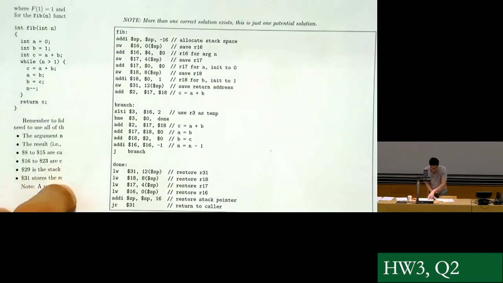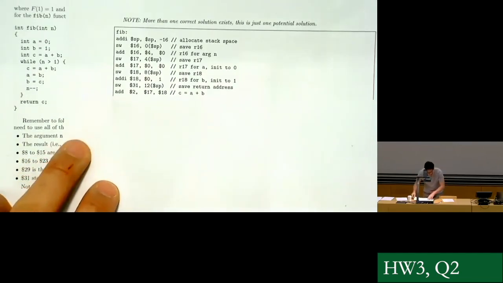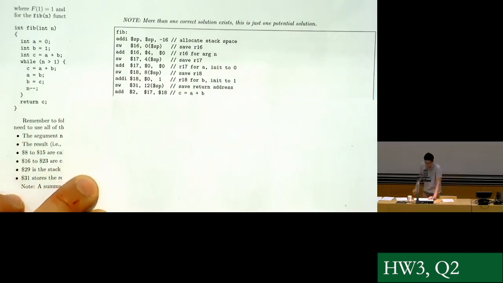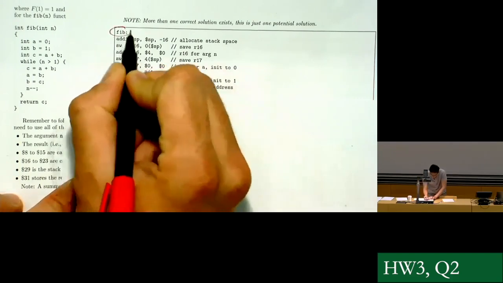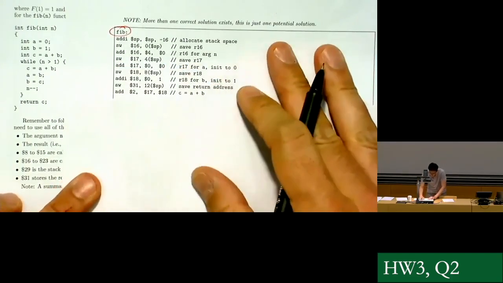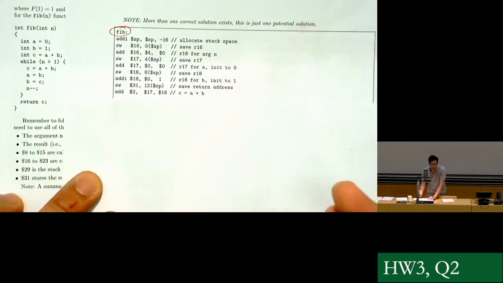So the very first thing that you find in this Fibonacci function, at the beginning of the function, is storing the registers into the stack, because some of these registers might have values that are useful for the main function, but these registers might be needed by the function itself.